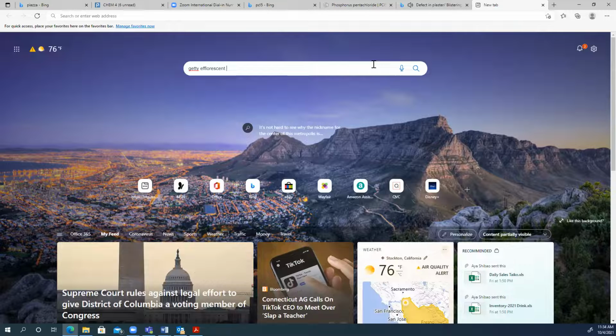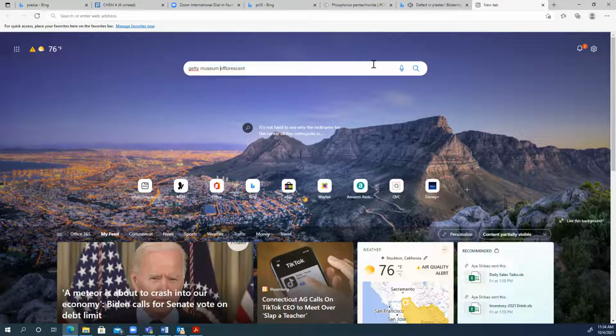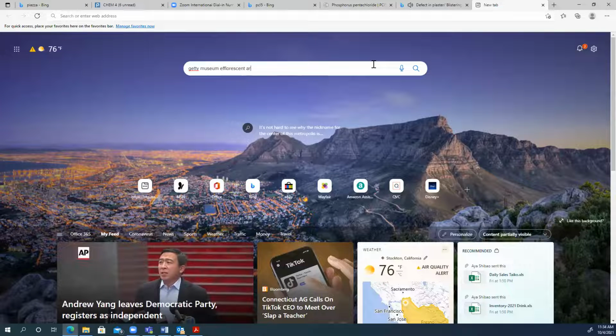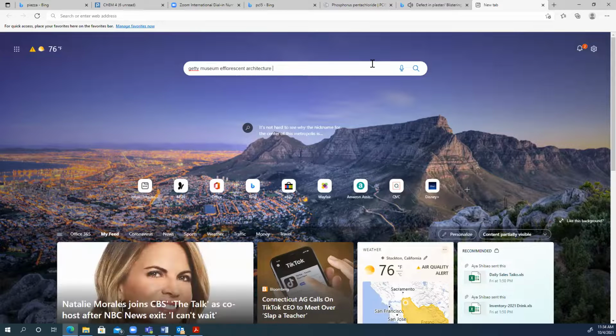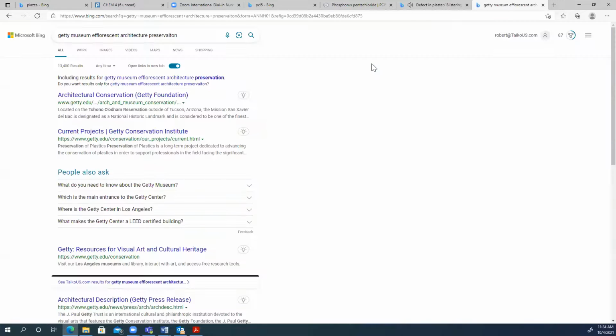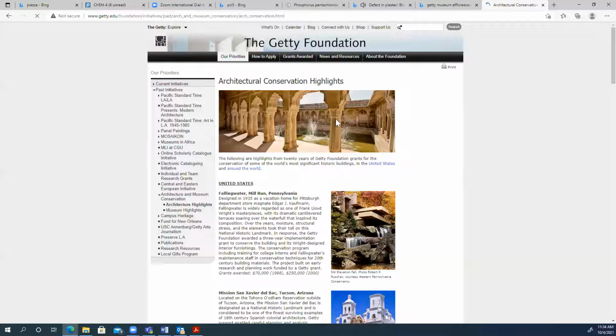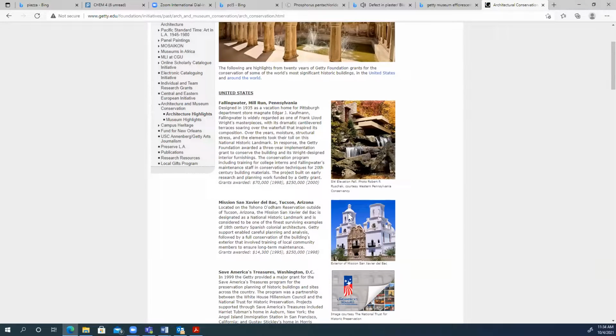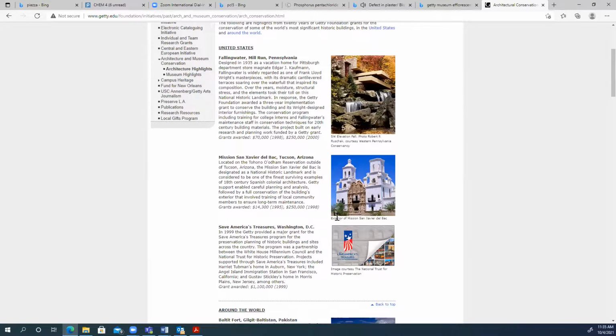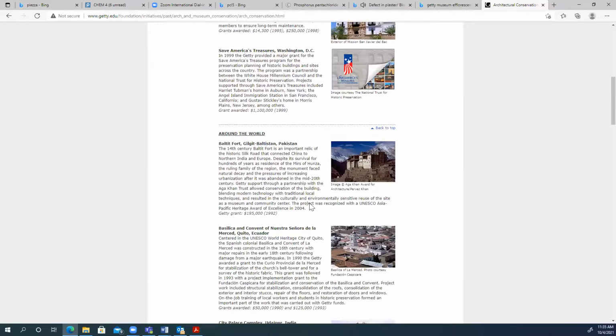They sent out teams of scientists to help preserve this architecture. And I think the ones that I saw were in Mexico. They have these plaster buildings that are starting to blister and chip away.